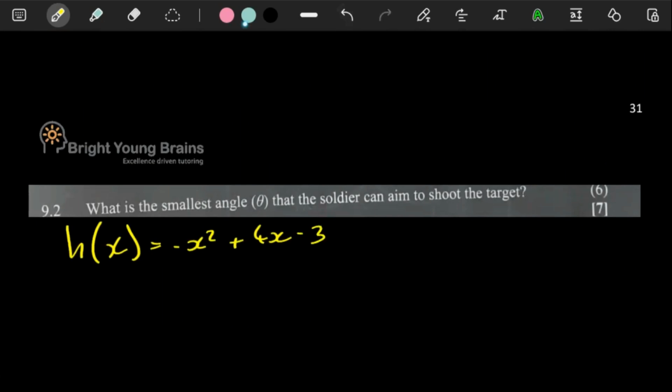If you differentiate it, you're going to get negative 2x, and then this differentiated is just going to be a 4. Okay, that makes our life a bit doable.